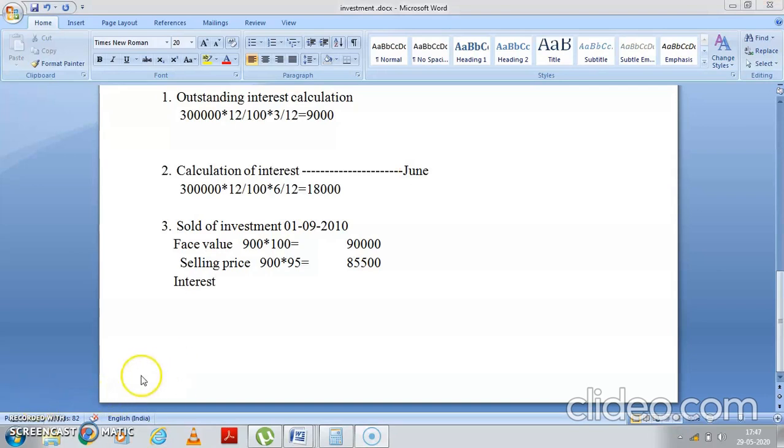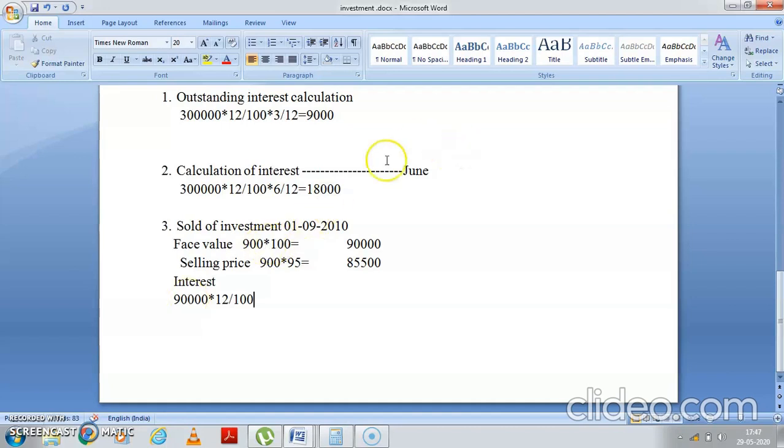Yes, students. Now, how will the interest be calculated? I've already told you interest is always calculated on the face value. Now, see the face value of the unit sold is 90,000. So you are going to write here 90,000. We know the rate of interest, 12%. We have already done it twice. And now, the second thing is, how many months interest is due?